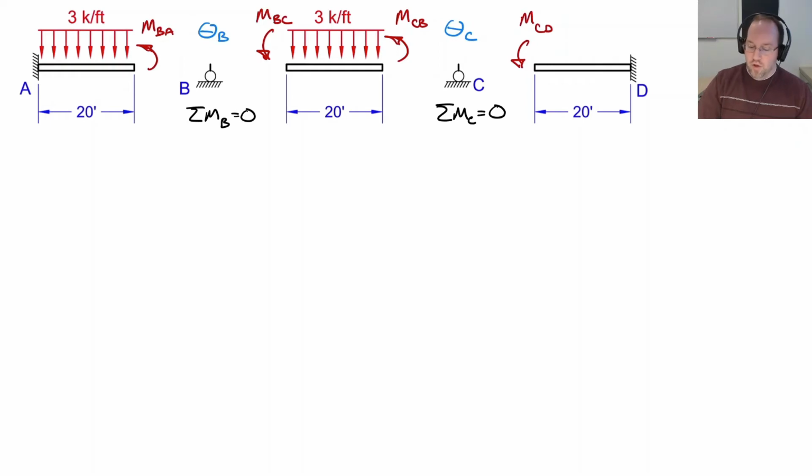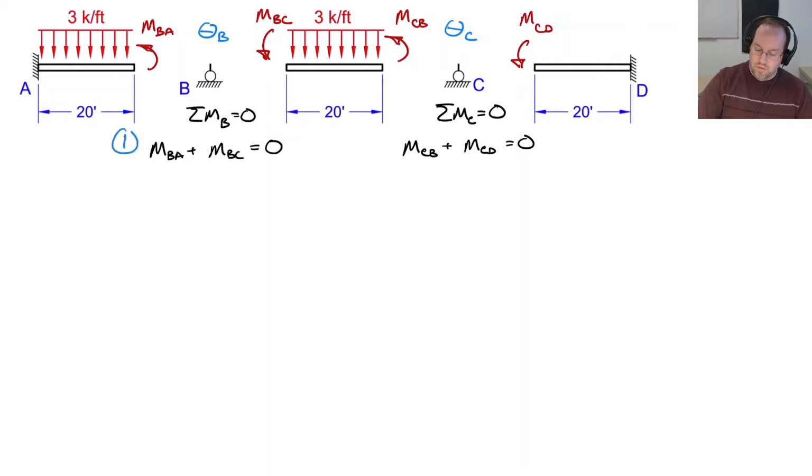Therefore, taking all those things together, MBA plus MBC is equal to 0 in order to satisfy equilibrium there. And also MCB plus MCD has to equal 0. That gives me 2 equations for my 2 unknowns, theta B and theta C.